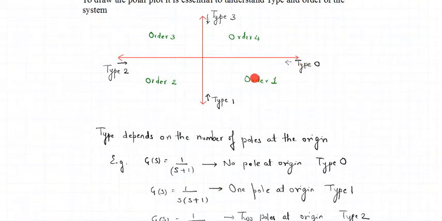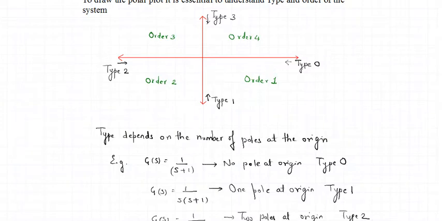I repeat, type indicates the start of the polar plot and order indicates the end of the polar plot. So this is type 0. Type 0 means the polar plot starts on this particular axis, and if the system is order 1, it's going to end in this particular quadrant.